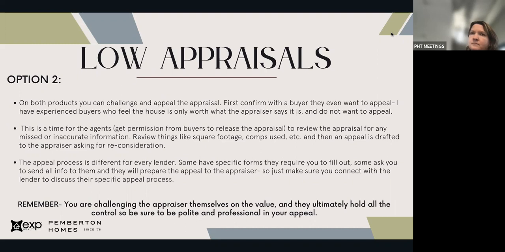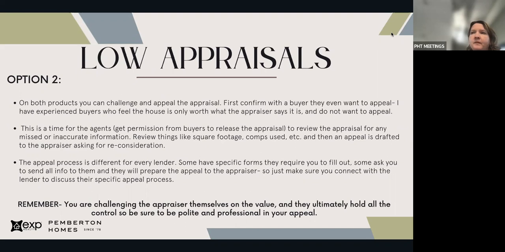So if you get a low appraisal and it's something that you want to challenge, reach out for help. Steve was actually a former appraiser, and I have quite a bit of experience coming up with values and comps, challenging appraisals. It's not a super easy process, but it can work.